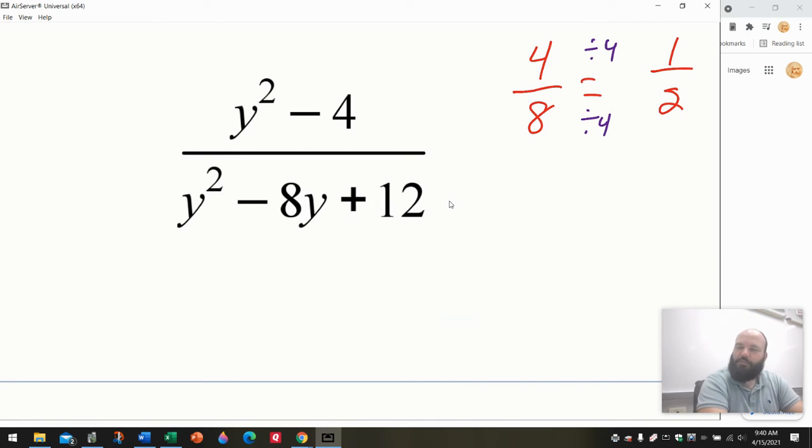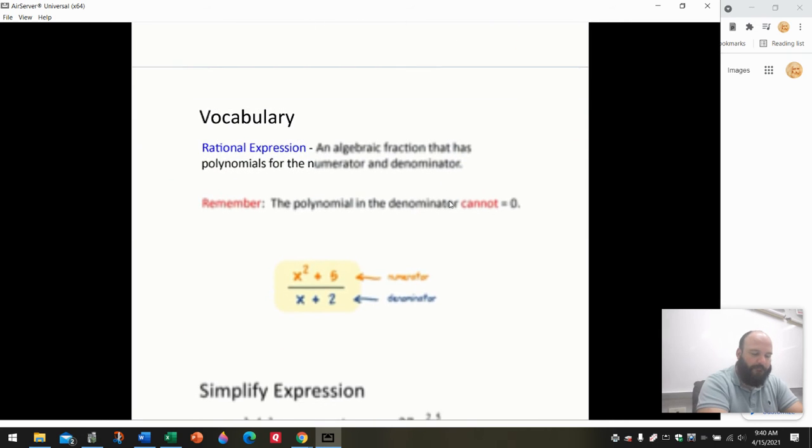That new fraction, 1/2, is equivalent to 4/8. It's just being expressed in a different way, but they are the same. Well, that example with fractions holds true for these rational expressions. They also can be simplified upon occasion, and you will be asked to simplify those, which I'll show you how to do in more detail in a second.